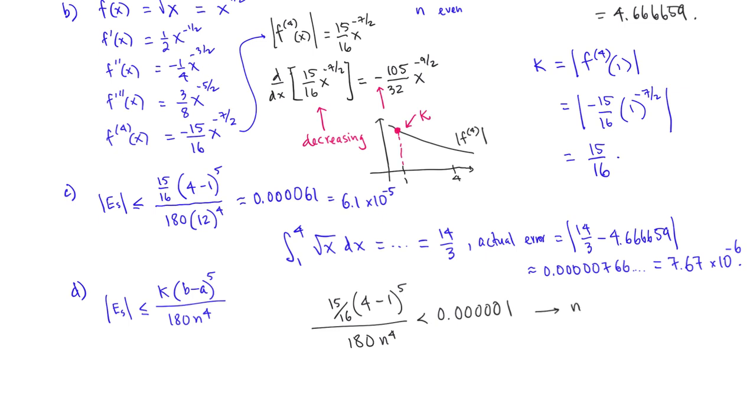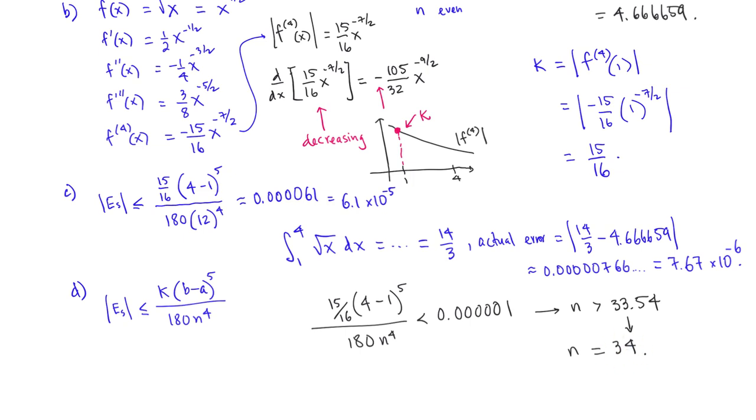Solving for n, we obtain 33.54, but n is a whole number and even, so we round it up to 34. Regardless of whether this n is even or odd, we always round up to the next even whole number.